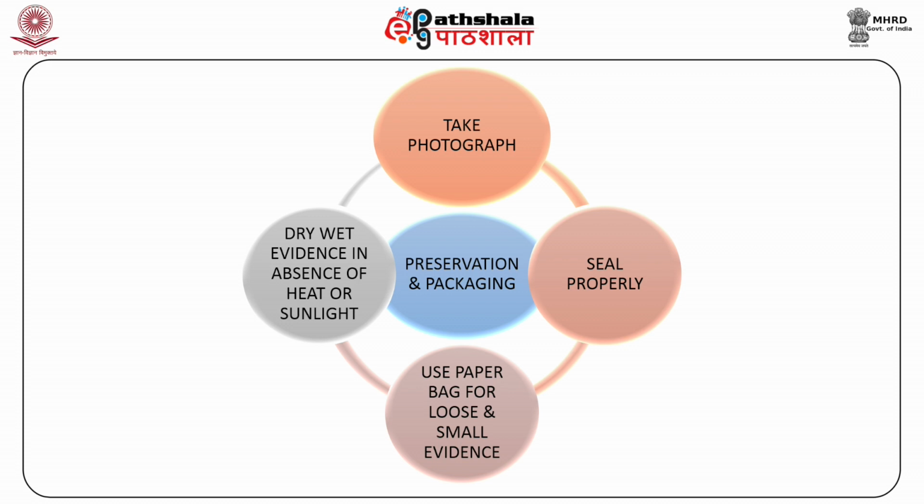Very small and loose trace materials should be kept in unused containers like paper packets or petri dishes, which are further secured in a paper bag. Large items or the carriers like the clothing, bedding, etc., should be kept separately in unused packaging material.